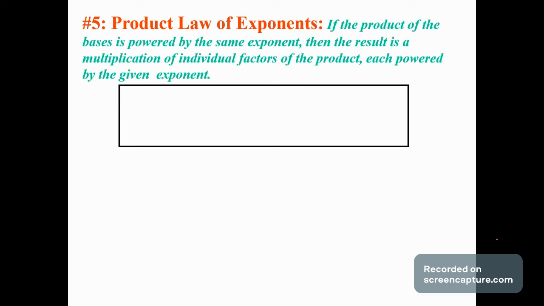Alright, the fifth law. We also call this the product law of exponents. So if the product of the bases is powered by the same exponent, then the result is a multiplication of individual factors of the product, each powered by the given exponent.